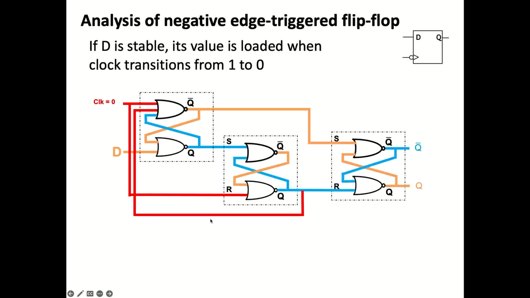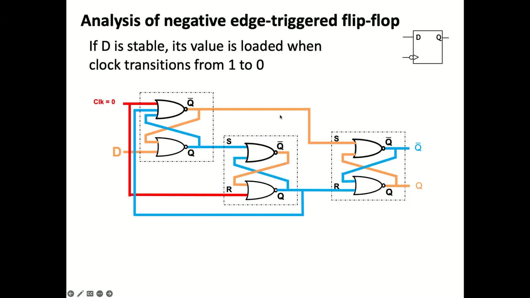So this wire is going to come back into that 3 input NOR gate, and that's going to prevent any further change, because this wire is going to keep these guys from changing until we get back to 1, until the clock goes high again. Okay, and when the clock goes high again, these 2 have to be 0.